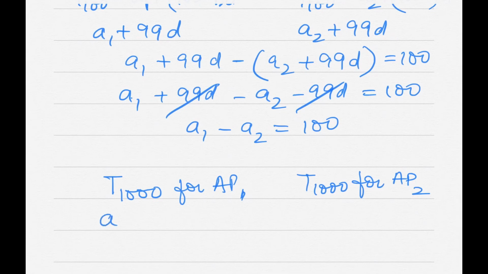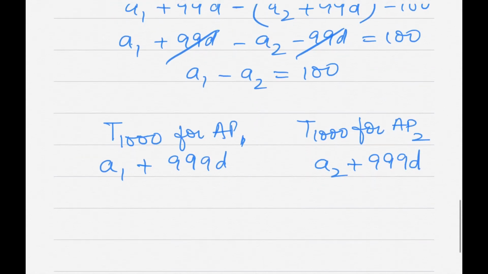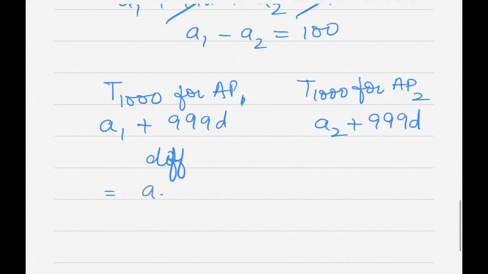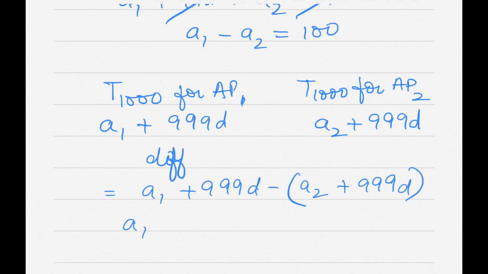Okay, so now this would become A1 plus 999D, and this would become A2 plus 999D. D is same. I have to find the difference between them. So my difference will be equal to A1 plus 999D minus A2 plus 999D. So A1 plus 999D minus A2 minus 999D. That I have to find out.